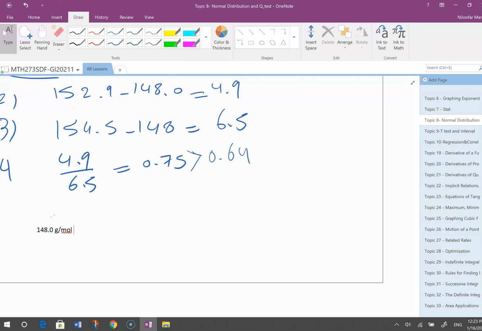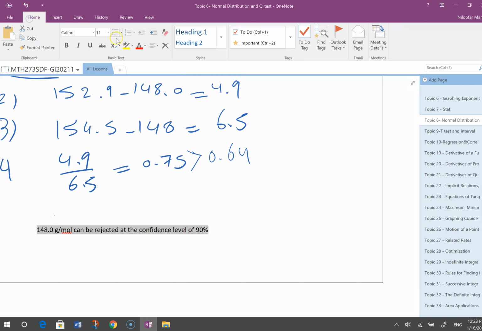Okay, so 148.0 gram per mole can be rejected at the confidence level of 90%. So you have to know which confidence level, you have to know how many numbers you have, and you have to follow all of these to find out if you can reject or not.